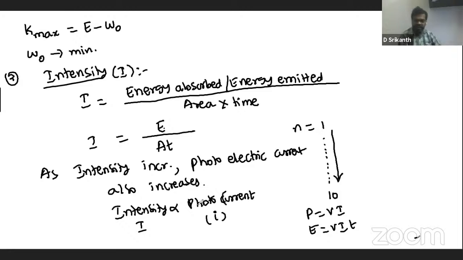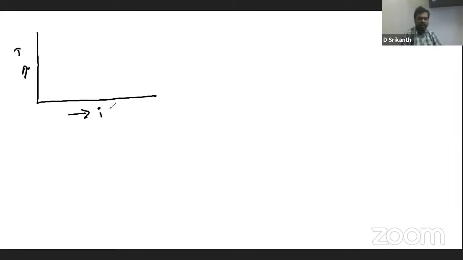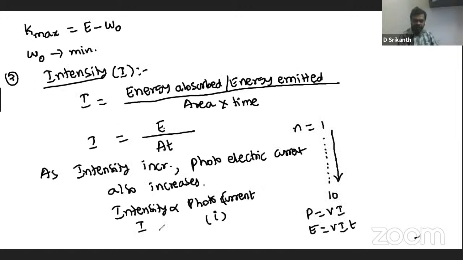For this, we have a graph. This is photocurrent, and here it is intensity, or we can take incident frequency. As the incident frequency increases, intensity will also increase. Since it is directly proportional, it is in the form of y equal to mx.